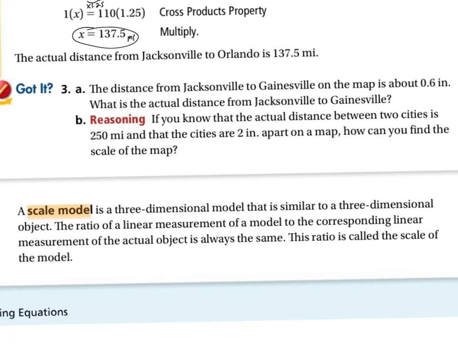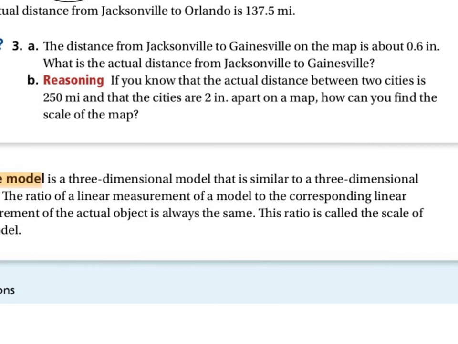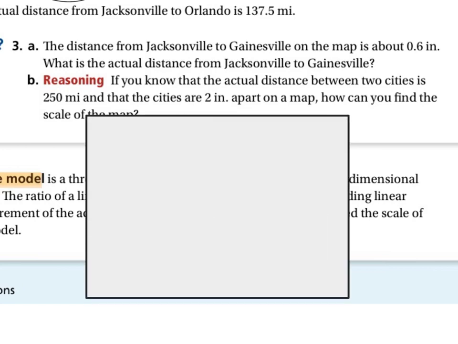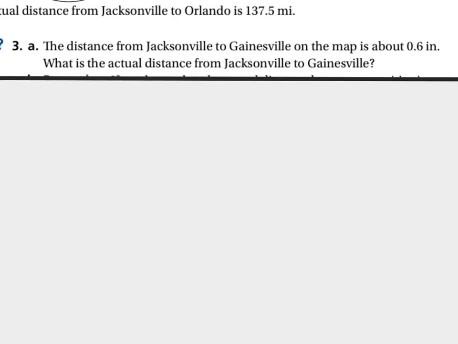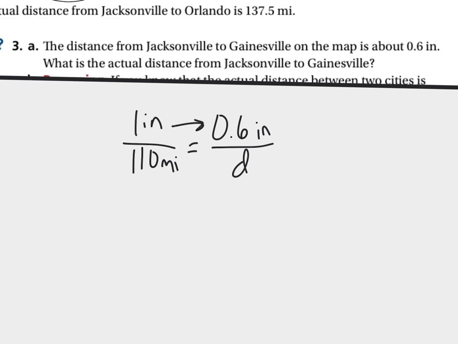So if you look at problem 3, the distance from Jacksonville to Gainesville is about 6/10 of an inch. What's the actual distance? Same thing. We could just start out with the scale they gave us. So 1 inch is 110 miles. And we've got 6/10 of an inch is something.